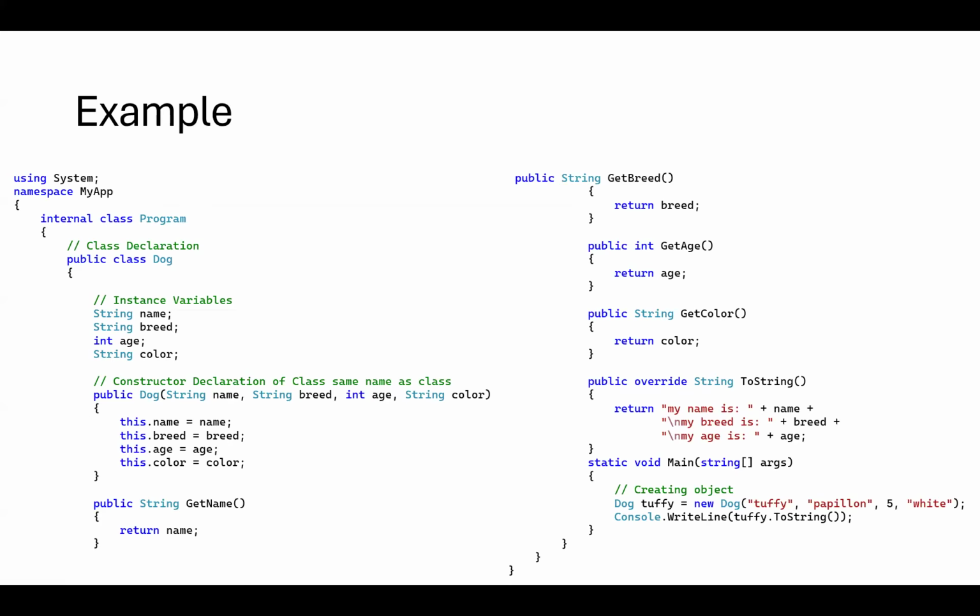We have some attributes, for example, name, breed, age, and color. And we have some methods, for example, get name, get breed, and that's all.